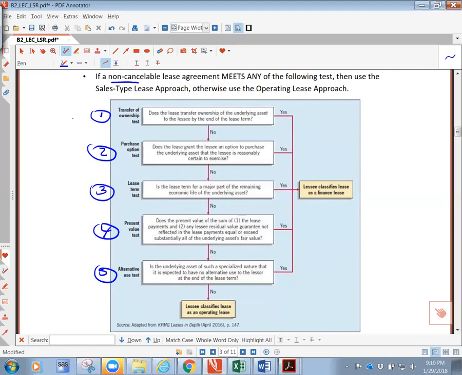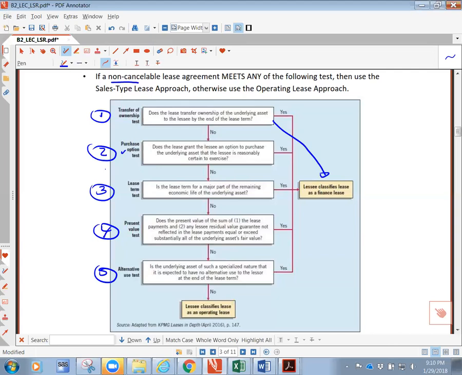One and done. Transfer of ownership test, pretty clear. At the end of the lease, does it transfer the item to the lessee? Well, really, they're just leasing to own it, so you're just financing it. Bam, done, straight there. Purchase option test. Some leases have an option that says, you're going to lease this car for 5 years, and at the end of the lease, you can buy it for $1,000.